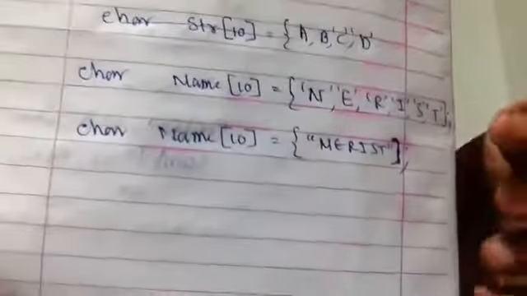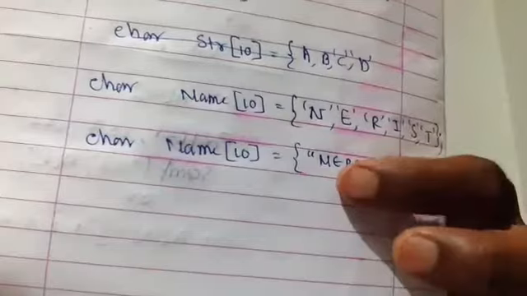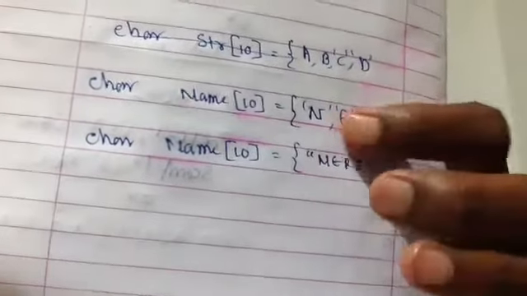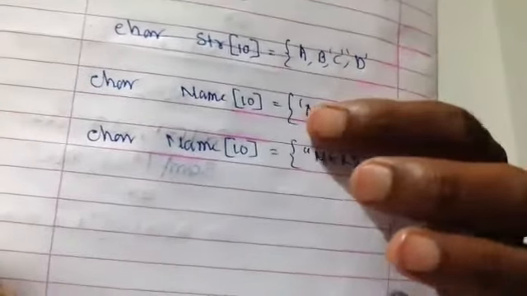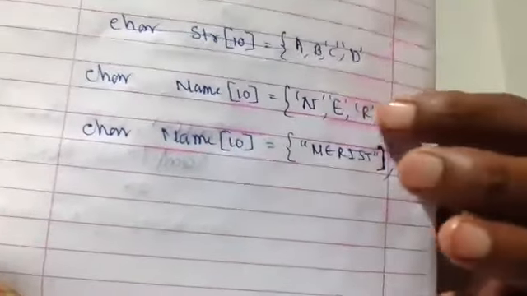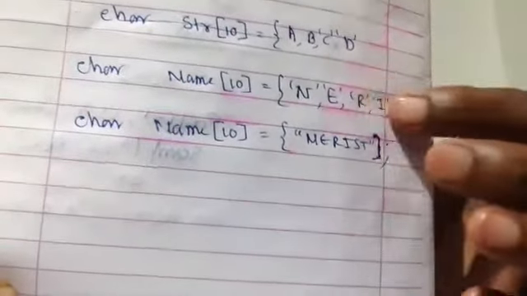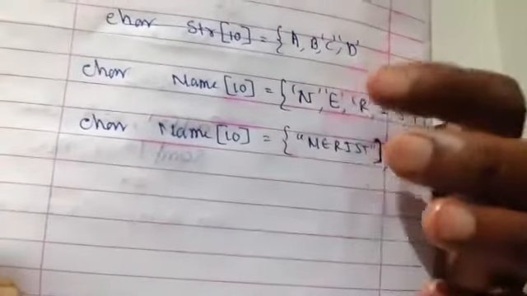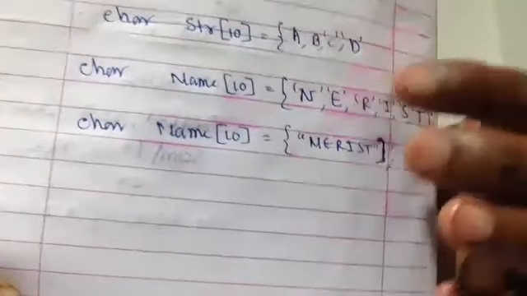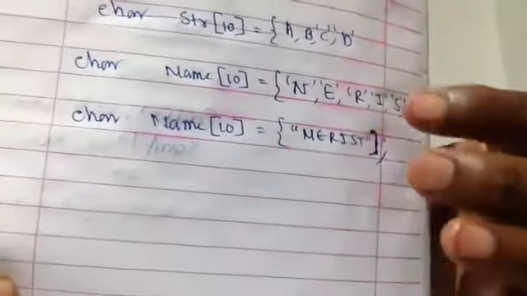But in this case, it's okay. But in this case, you have to stop the number of characters by using one symbol, that is called the null character. That I have not written here. You have to mention that one because you are giving n single, e single, r single. But here it is a collection of characters, so no need to go for that. But in this case, you have to stop it by using a null character.